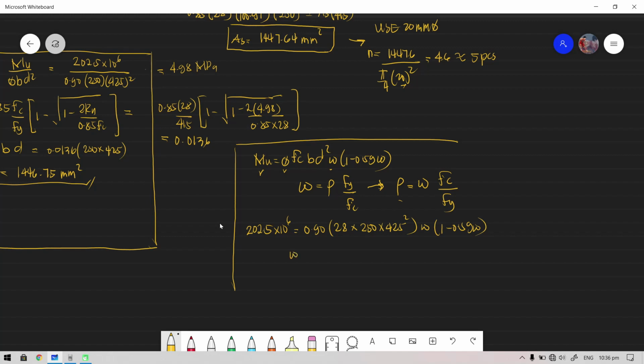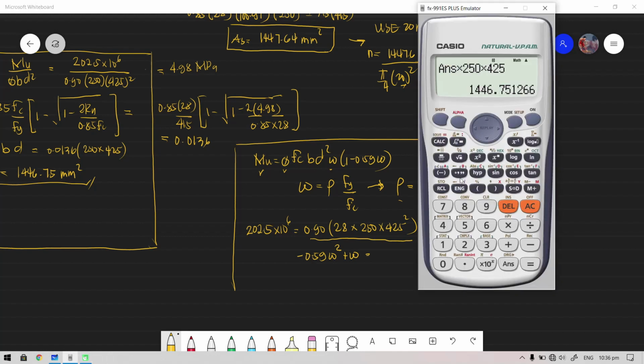So, i-rearrange ko ito. So, we have negative 0.59 omega squared plus omega is equal to itong result na to. Kung i-divide ko dito na result, ano kaya magiging sagot nun?